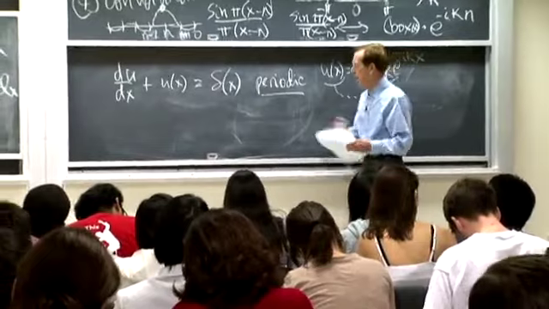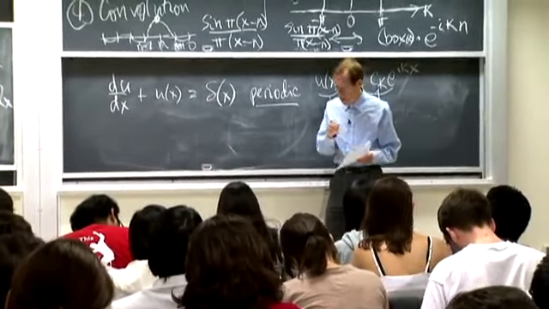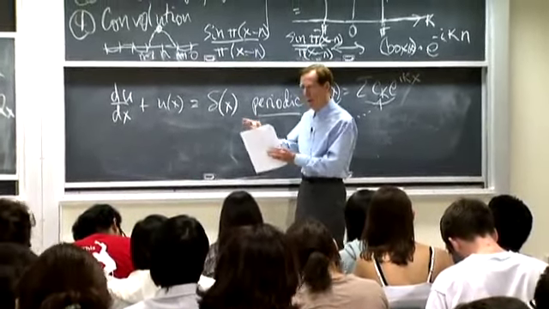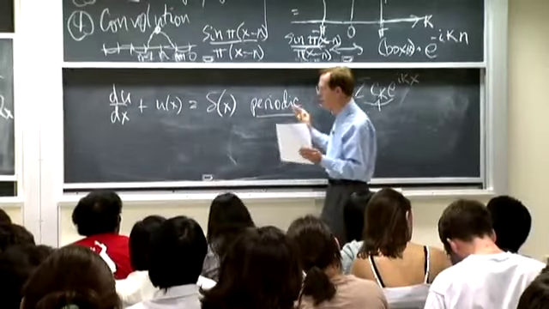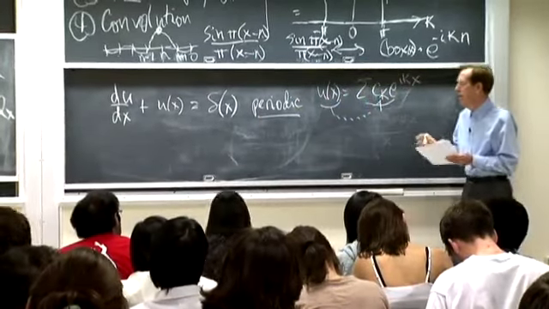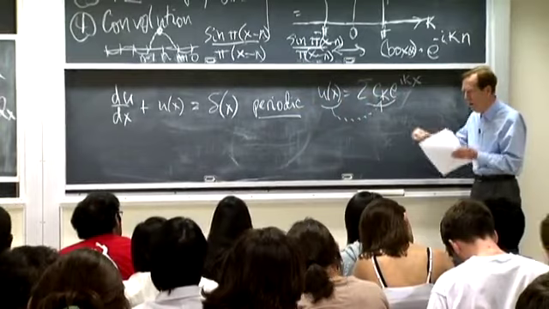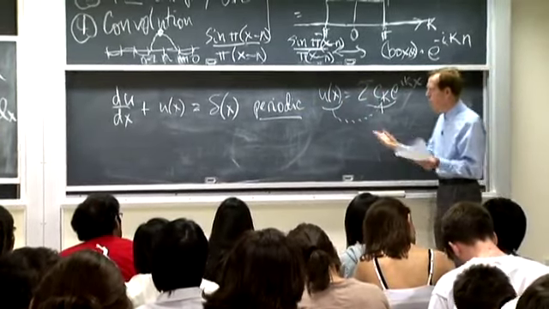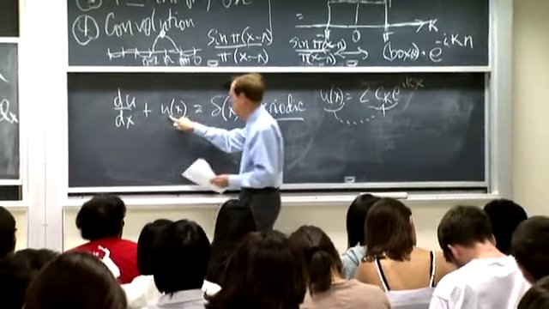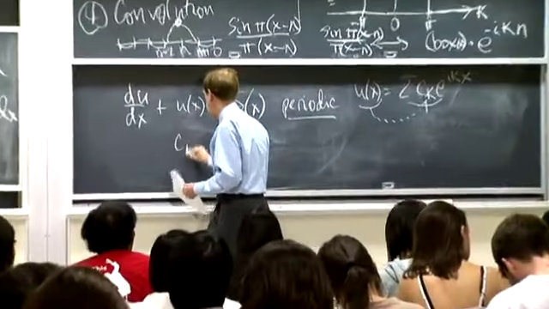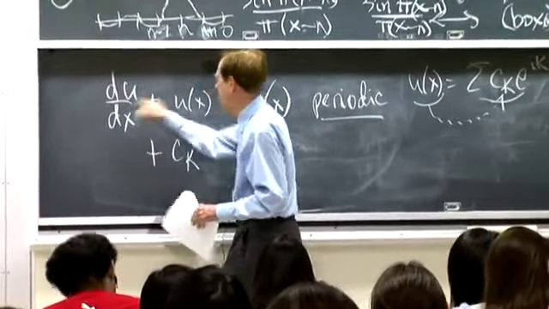And the point is that we can separate, which is the whole reason why Fourier is so great, that we can do each frequency separately. So this has coefficient ck.